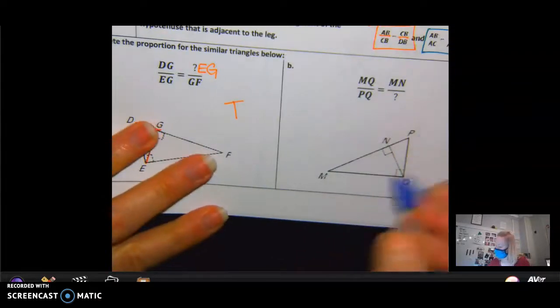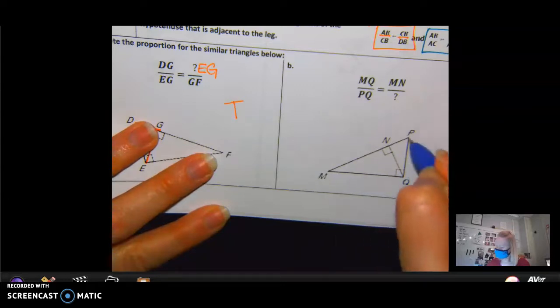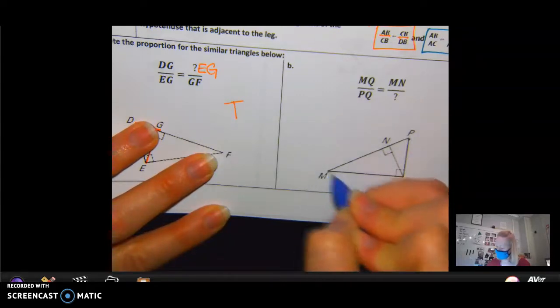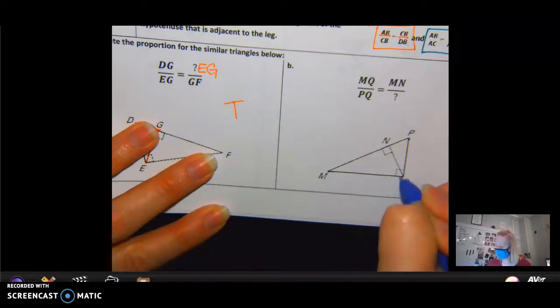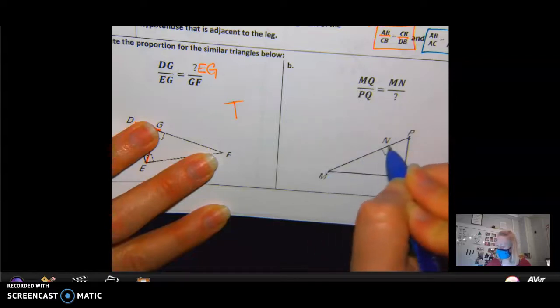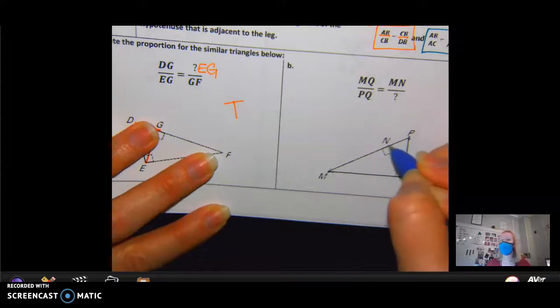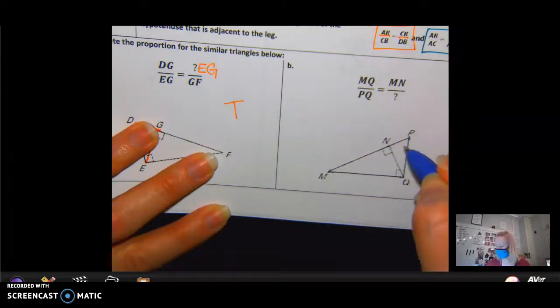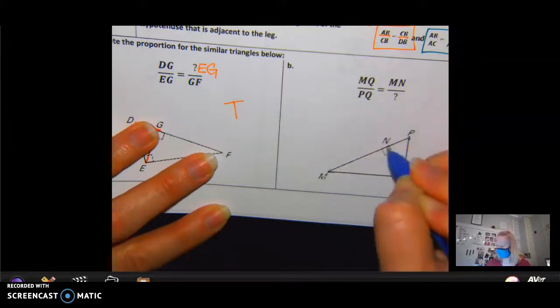Next one. M to Q over P to Q. So this one's a little different. M to Q is medium side of the large over P to Q is small side of the large equals M to N, medium side of the medium, over, we want the small side.